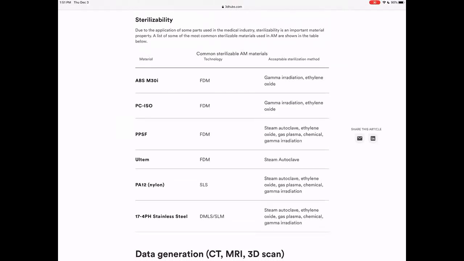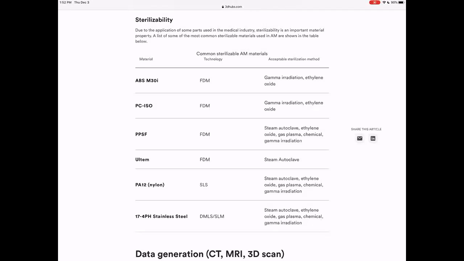So whether you're using gamma irradiation, steam autoclaves, or other types of sterilization like ethylene oxide gas or other plasmas, different polymers like ABS or polycarbonate or polyphenylsulfone have different susceptibilities to whatever sterilization technology you're interested in. And so hospitals use a lot of different types of sterilization.